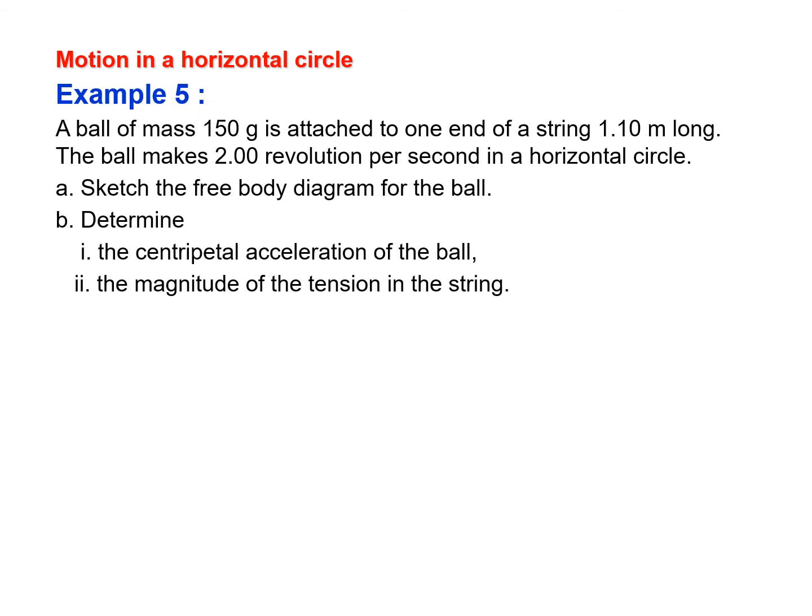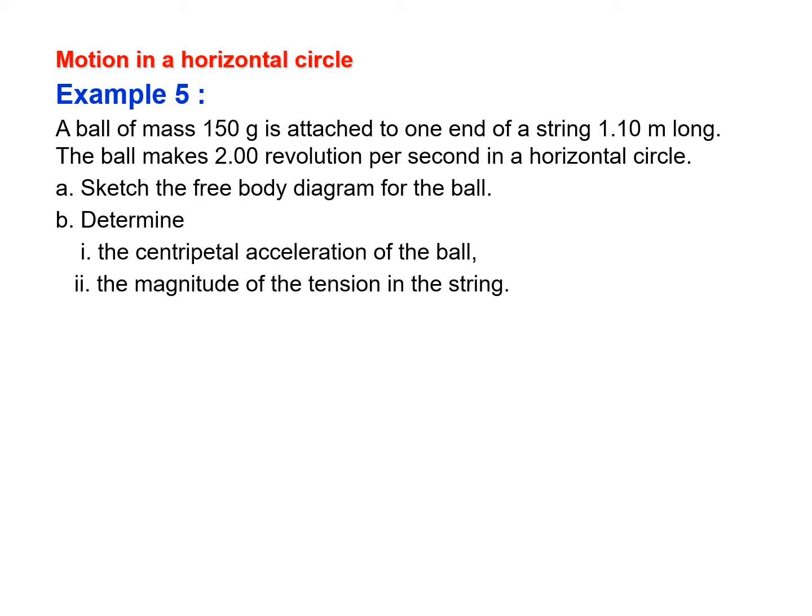For the next example, we will look into motion in a horizontal circle, which is example 5. In example 5, you have a ball of mass 150 gram attached to one end of a string 1.1 meter long, and the ball makes 2 revolutions per second in a horizontal circle.